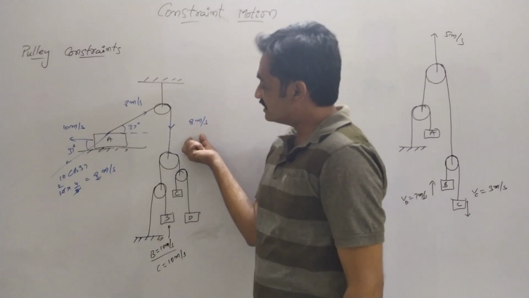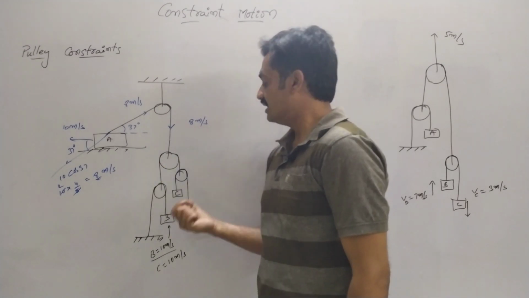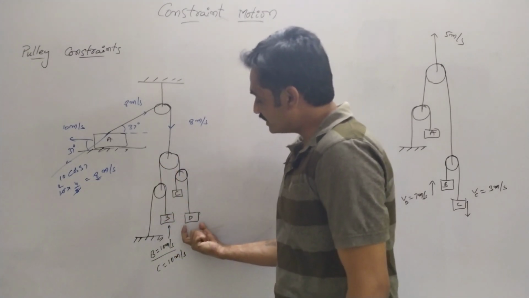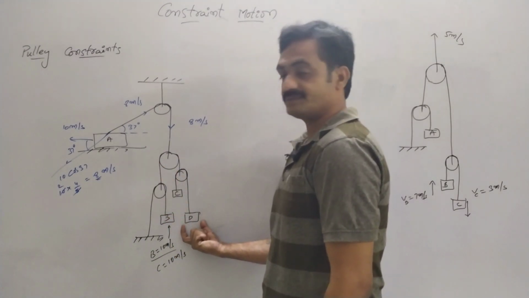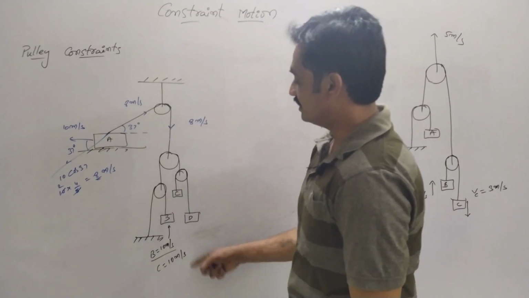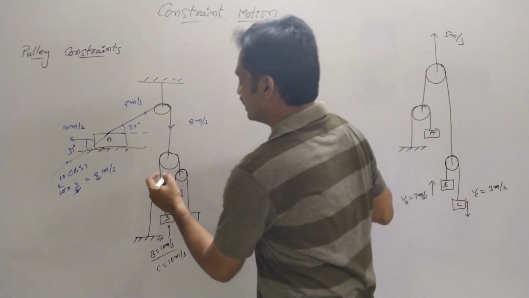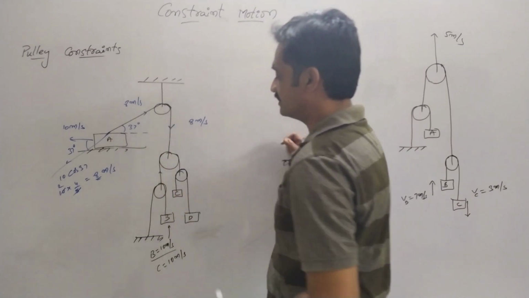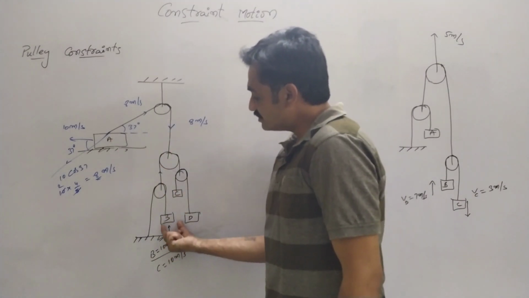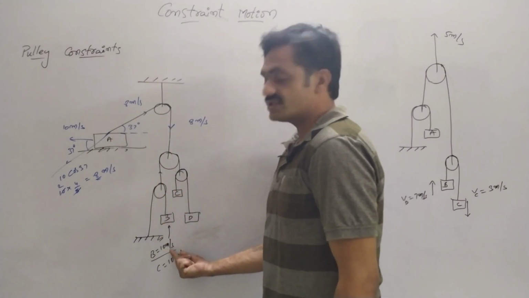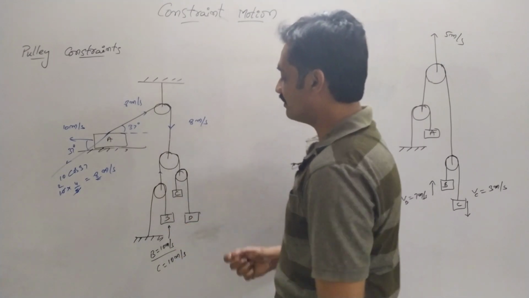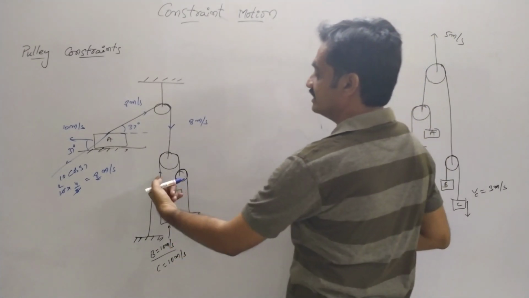Now we had represented the velocity of this pulley. Now based on this, we have to find the velocity of the block D. In order to find this, observe that here we have to find the velocity at this point. This block is moving in the upward direction with a velocity of 10 meter per second. Based on that, we have to find the velocity of this pulley at this point.